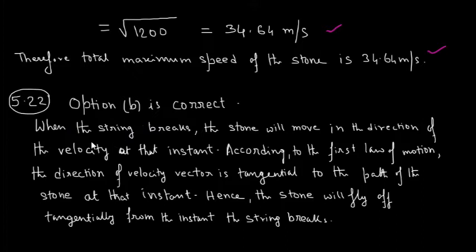The explanation is that when the string breaks, the stone will move in the direction of the velocity at that instant. According to the first law of motion, the direction of the velocity is tangential to the path of the stone at that instant. Hence, the stone will fly off tangentially from the instant the string broke.